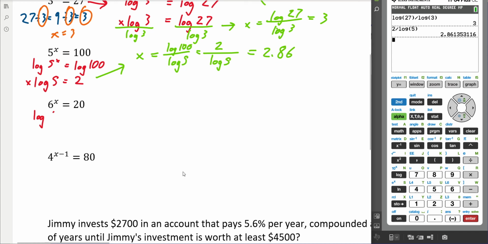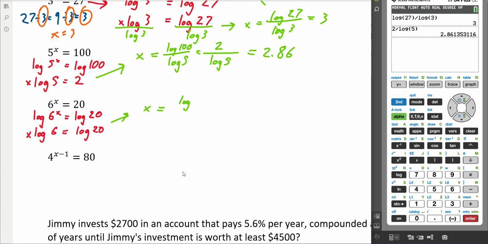Okay, so log of both sides. So log of 6 to the x, log of 20. And so now we can take the x out front. So now we have x log of 6, log of 20. And now we can put the log 6 over to the other side.